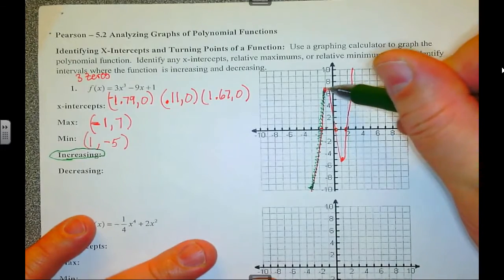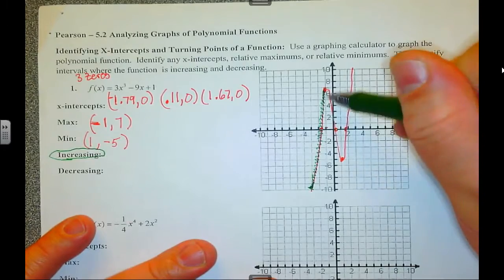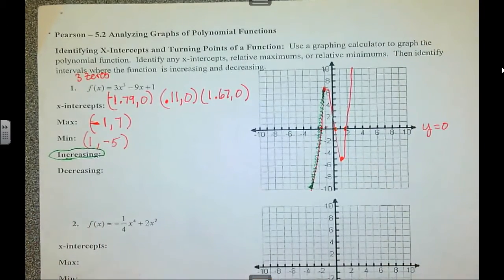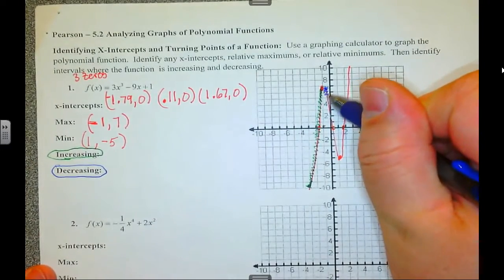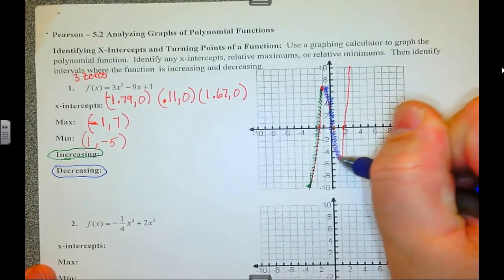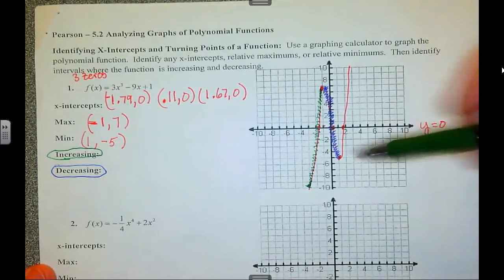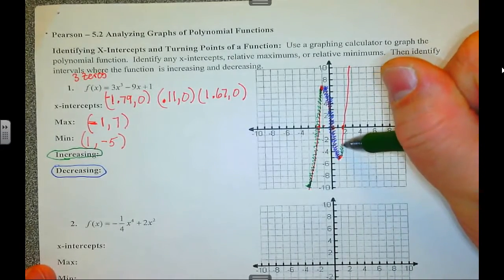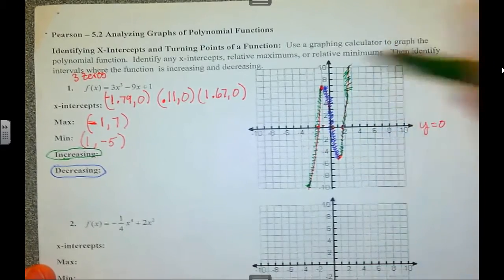Then it turns around. What's going on from this point to this point? Decreasing. So I'll get another color. It's going to go from here, decreasing, all the way to that point. Then it's going to increase again from this point, increasing and increasing.